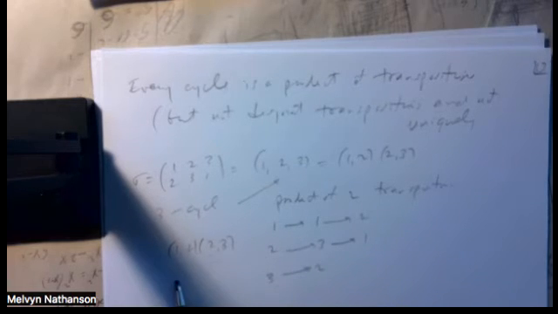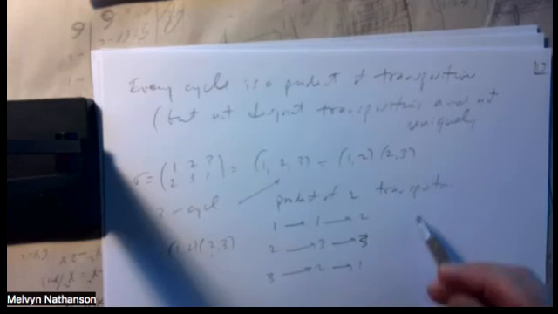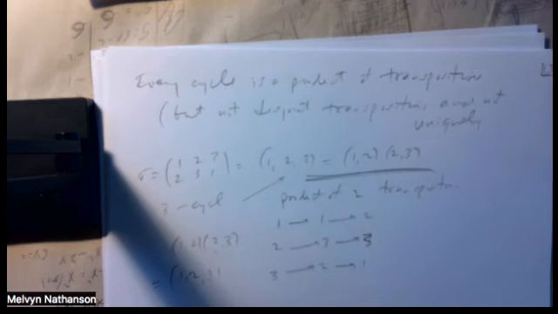Oops. Sorry, I made a mistake here. 2 goes to 3 and 3 goes to 3. (2 3) sends 2 to 3, (1 2) doesn't move 3, so 3 goes to 3. (2 3) sends 3 to 2, and (1 2) sends 2 to 1. So this is the cycle. 1 goes to 2, 2 goes to 3, 3 goes back to 1. So that's a proof of this identity.